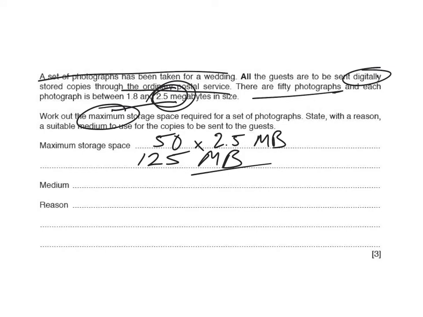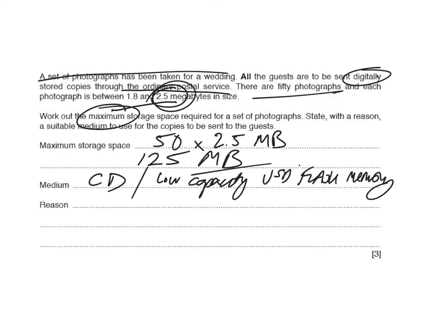Well, I guess lots. We could put it on a CD, a low capacity USB or flash memory. Reasons: CD, perhaps not actually, it's not the best one for mailing, to be fair.